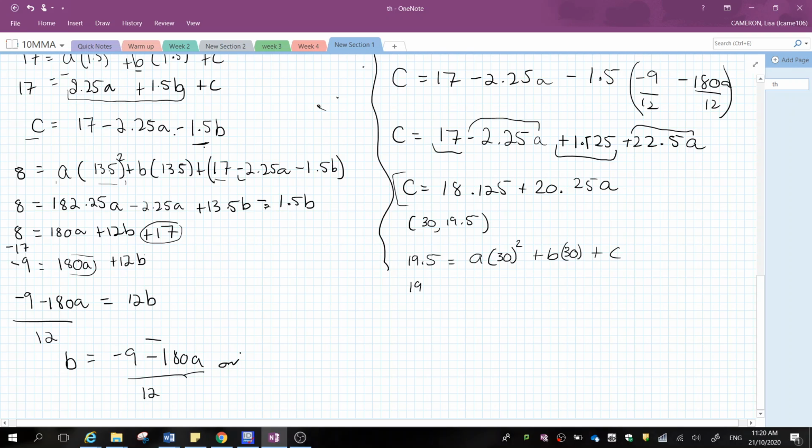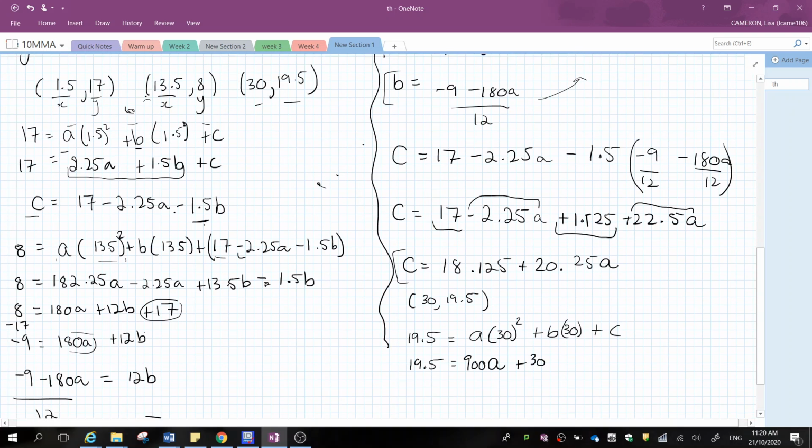So 19.5 equals, now 30 squared is 900, so 900A plus 30 times, now where's our expression for B?